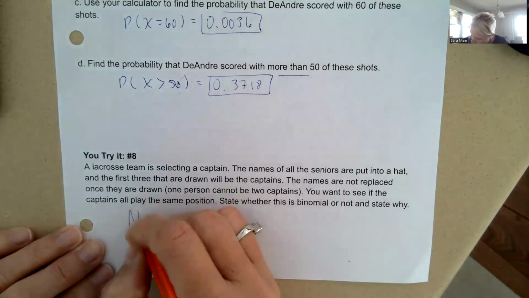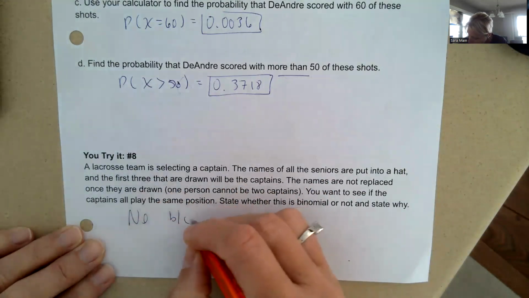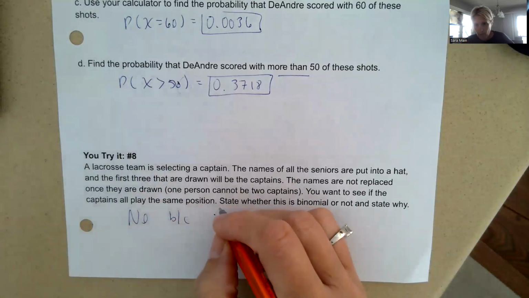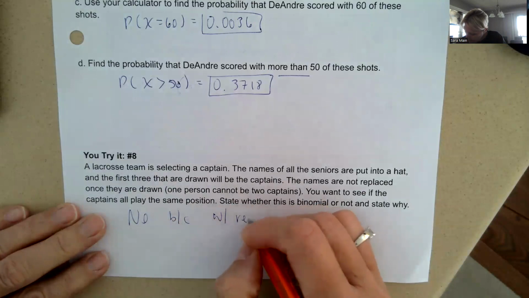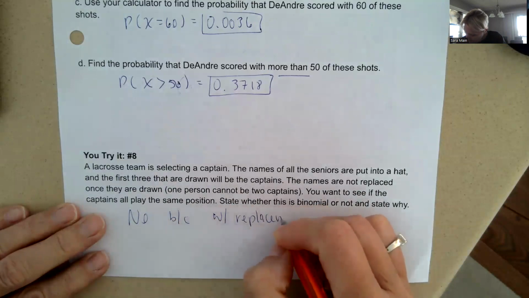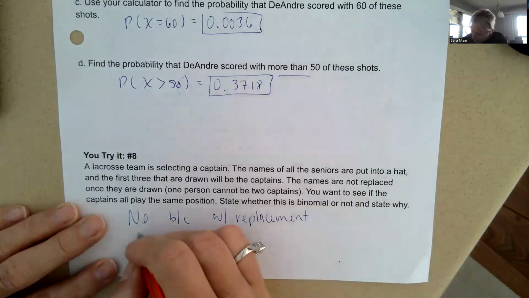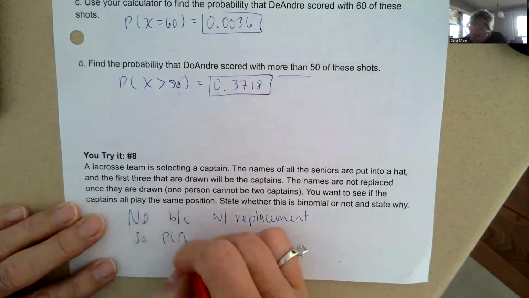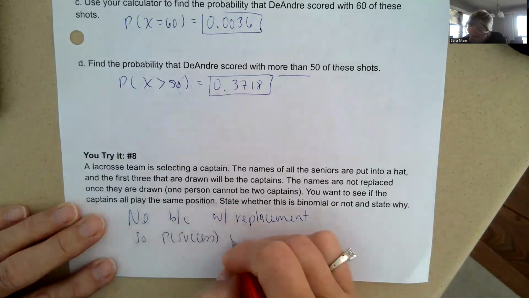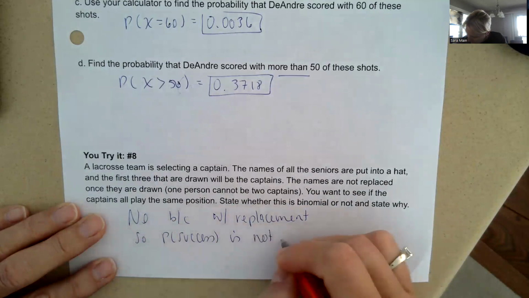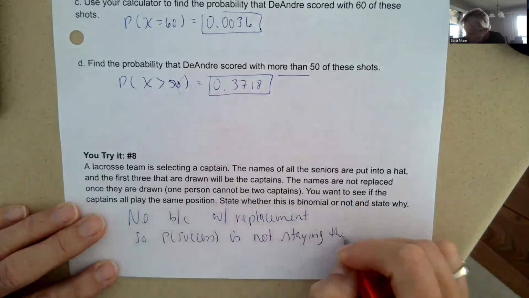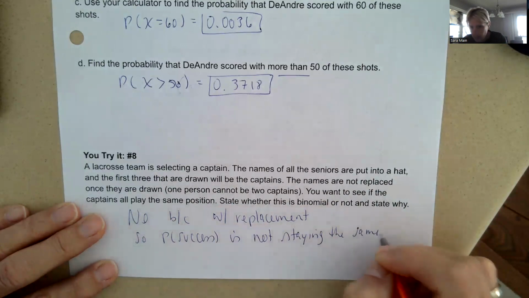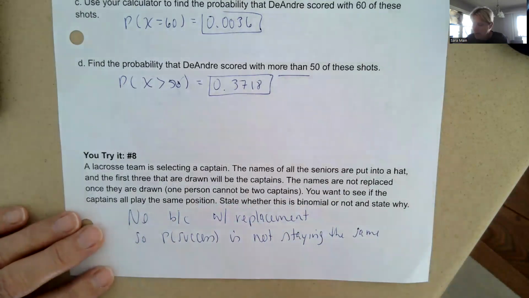So it is a no, because we are sampling without replacement. So the probability of success is not staying the same. So we cannot say this is a binomial experiment.